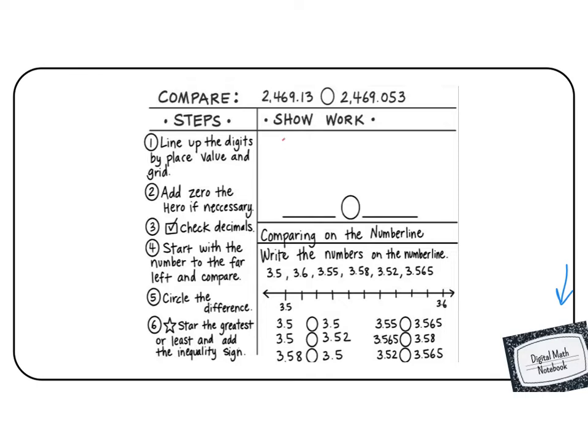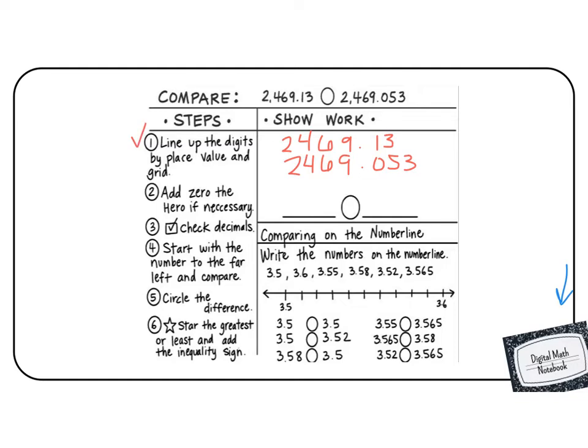Here's my first number, 2,469.13. And now I'm going to write the second number right underneath it, 2,469.053. So there's our step 1.